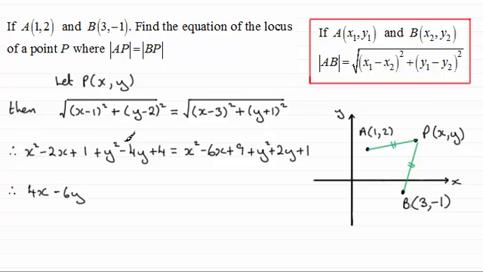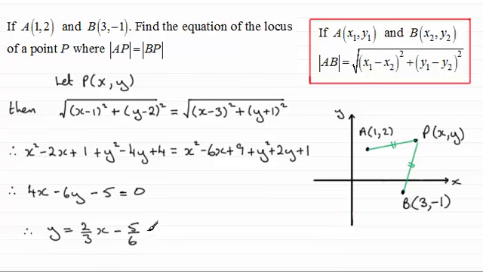And for the constants, we've got 5 on this side, we've got 10 on this side, so 5 minus 10, that's going to give me minus 5, and that will equal 0. I could leave it like that or make y the subject. If I did, y would be equal to 4/6 x, which is the same as 2/3 x, and then minus 5/6. So what we've got here is a straight line.